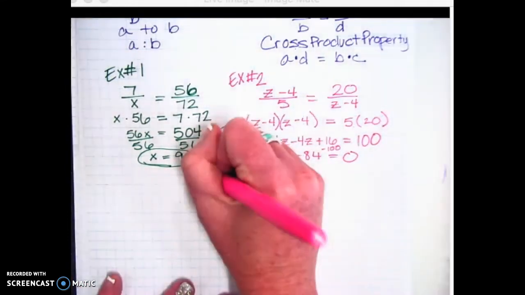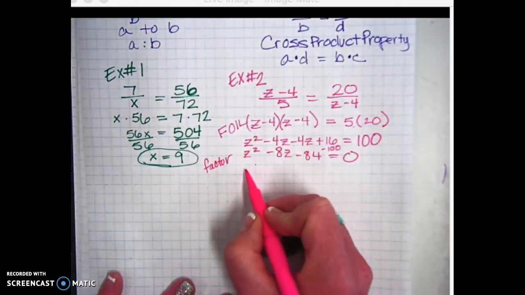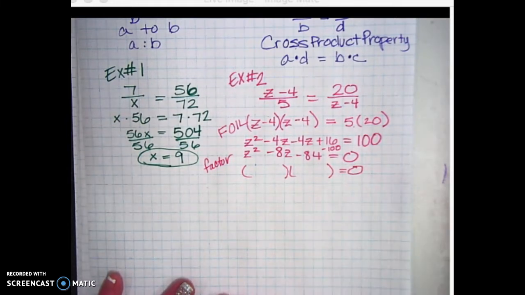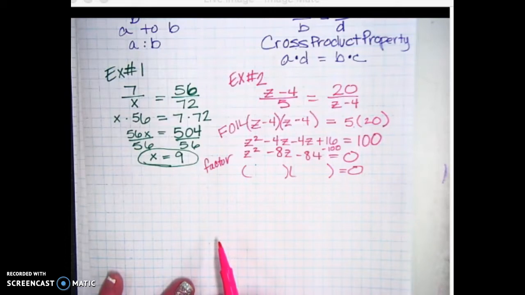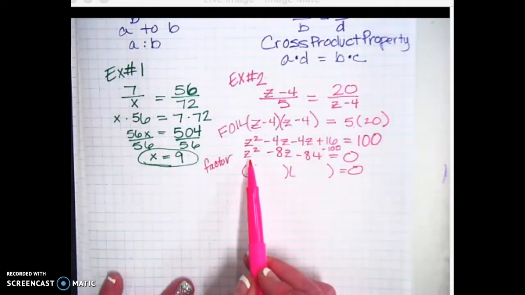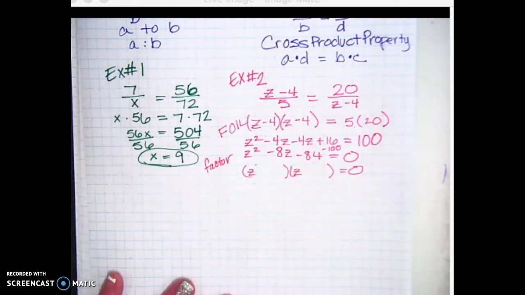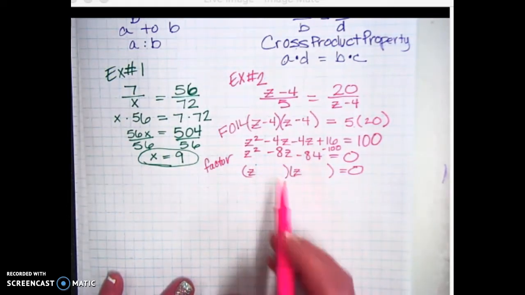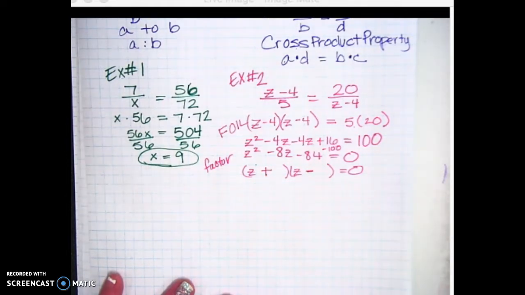All right, so now we have to do the opposite of foiling, which is factoring. So I'm going to draw 2 sets of parentheses. That's always the best way to start, because I'm going to need to say, okay, what is going to multiply to get z squared? That would be z and z. And then if you look at the signs, if you have a negative and a negative, that means one of them is going to be positive and one of them is going to be negative.